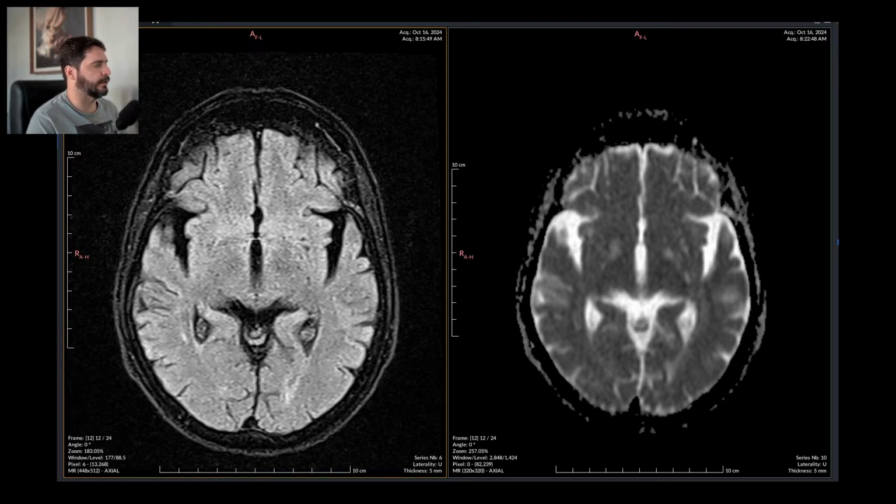MTA3, Fazekas 1, mild dilatation, mild hydrocephalus, and that gliosis site right there on the left frontal lobe. No signs of acute excessive diffusion restriction.